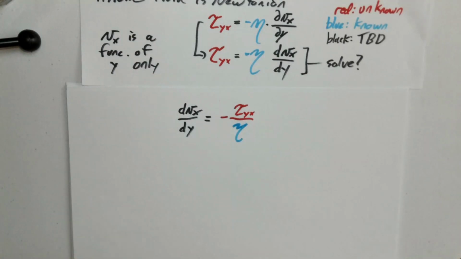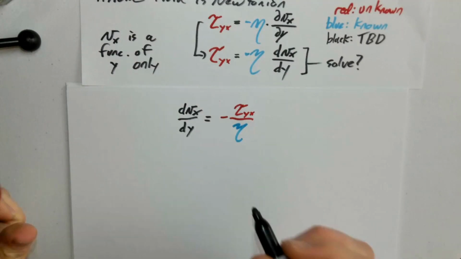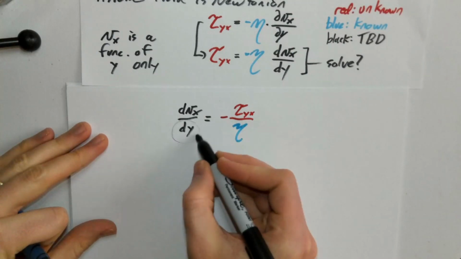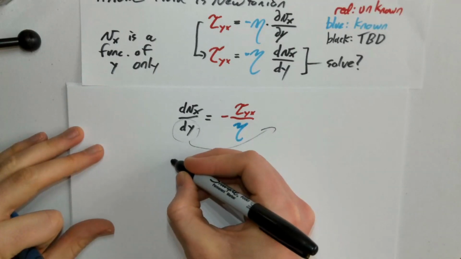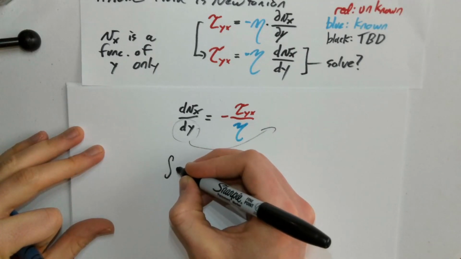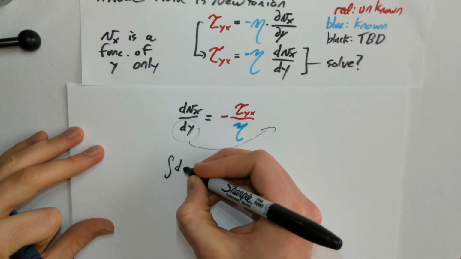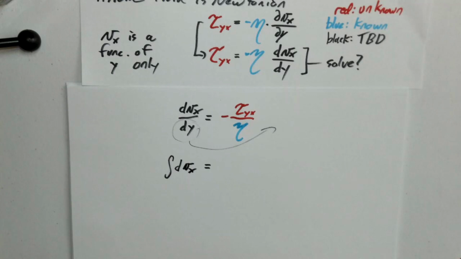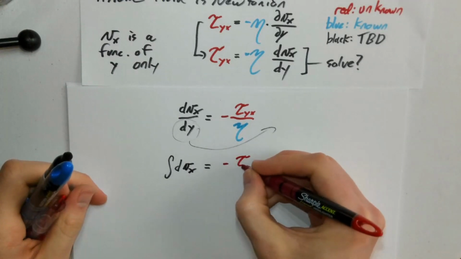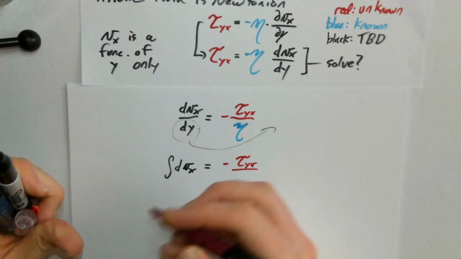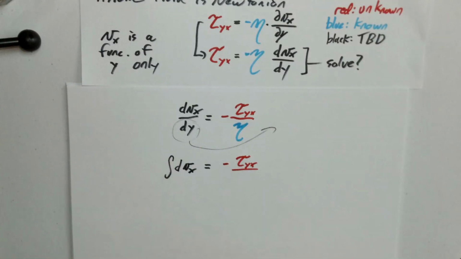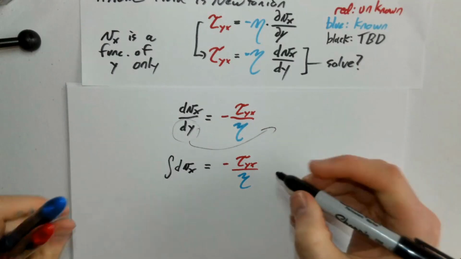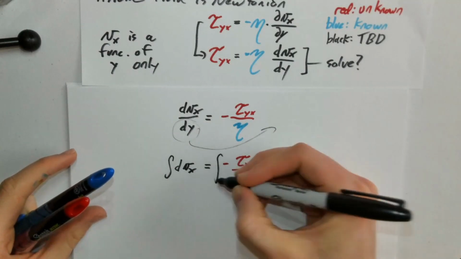This is our differential equation, and we can solve it via separation of variables. We can bring our dy over to the other side of the equation, so we have the integral of dvx is equal to the integral of minus tau yx over eta dy, integrating both sides.